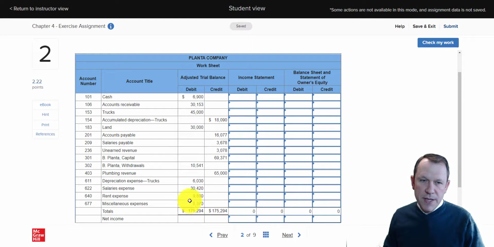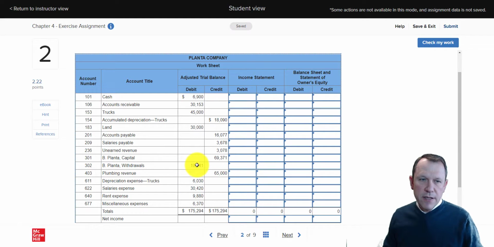So all of the expenses and the revenue, starting right here in 403, the plumbing revenue, here is a credit. Revenues are credits, expenses are debits. This is what's going to slide across to the income statement. The income statement is revenues minus expenses, so that's what's going to slide across there.